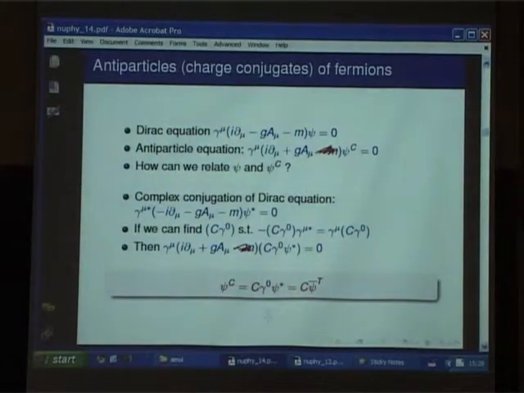So psi bar transpose is psi dagger gamma 0 transpose, which is equal to gamma 0 transpose, and gamma 0 transpose is gamma 0 star for a Hermitian matrix.